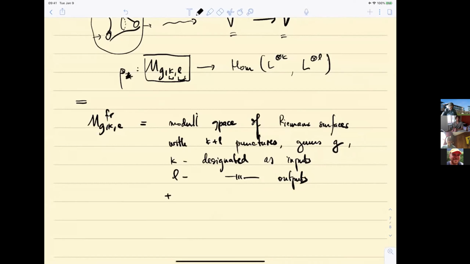One way you could say is you could take a real ray in the tangent space of each marked point, or a framing of a small neighborhood of each marked point.